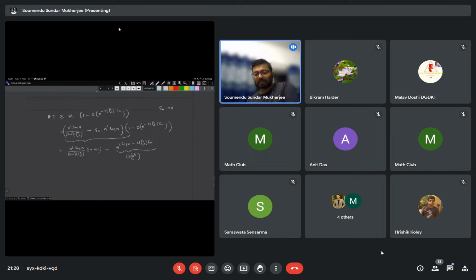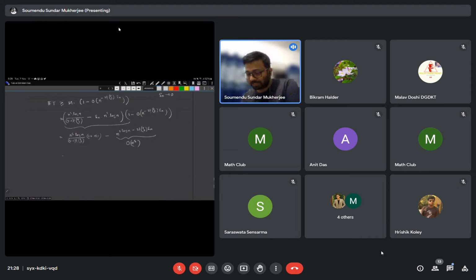You see, you have to choose delta n in a suitable way. If you choose delta n to be something like log n over s factorial r to the s times log n, then I claim that I will get O of n to the power s.